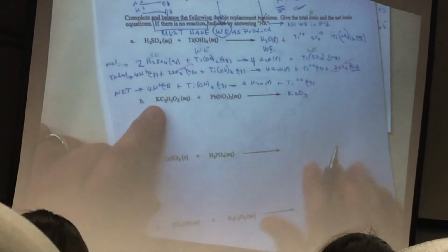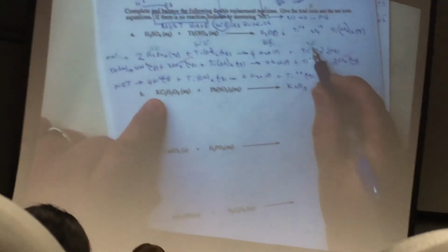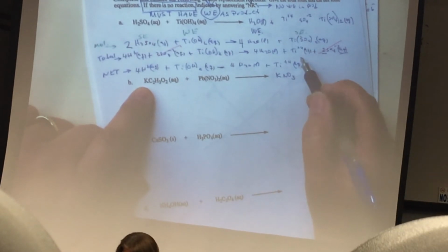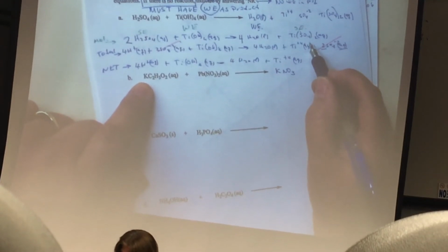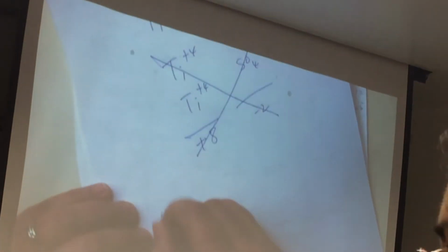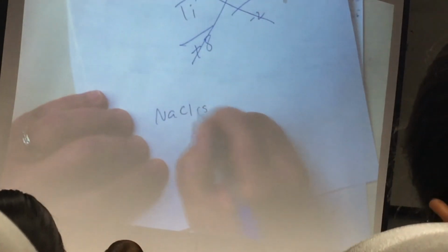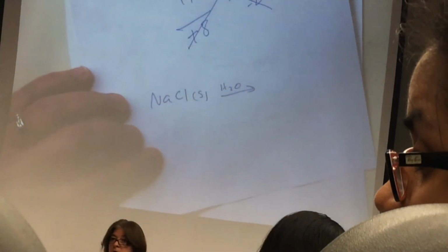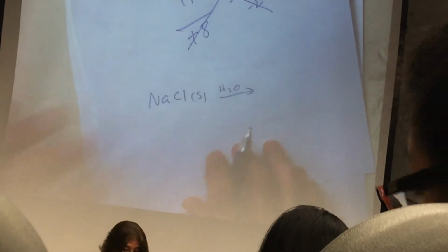Why is titanium aqueous? Because it's a soluble salt. Yeah, but then you break it down, so shouldn't it be solid? That's exactly the essence of being a strong electrolyte. Go back to your favorite electrolyte, and let's put that teaspoon of salt in that water.